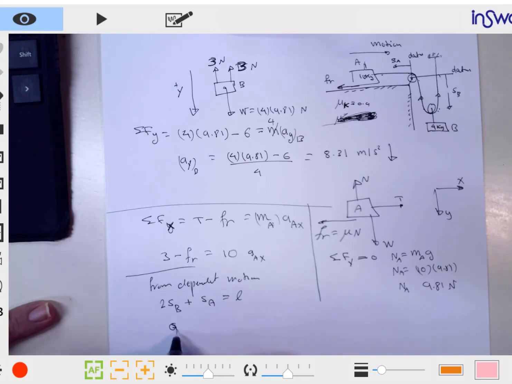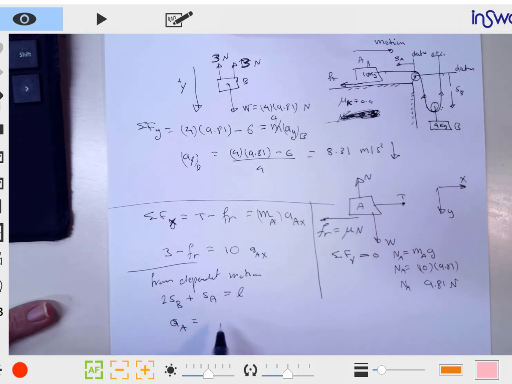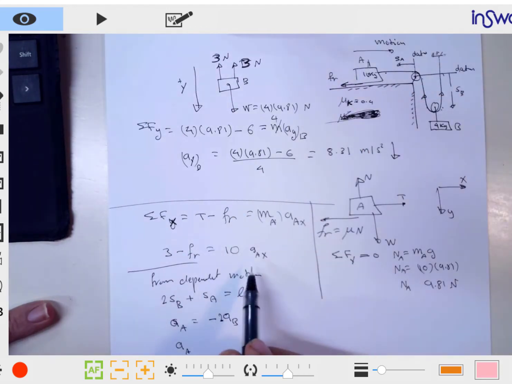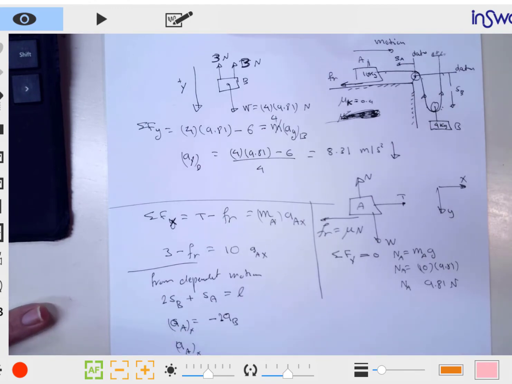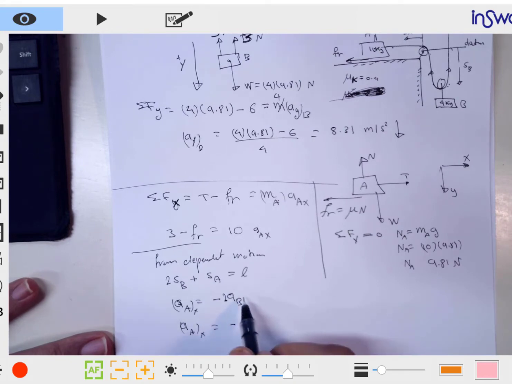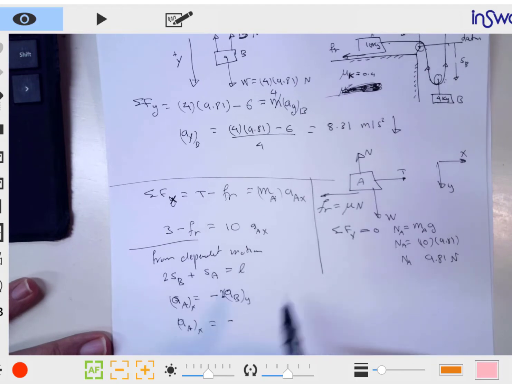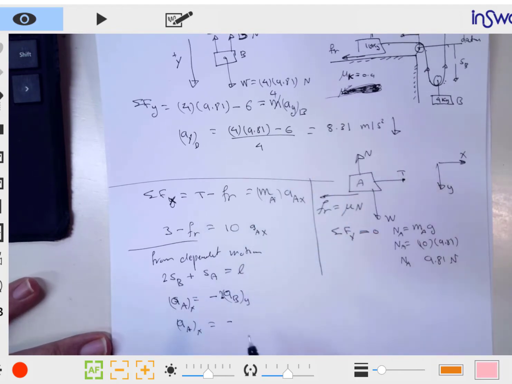Therefore, the acceleration of A, if I take the second derivative, equals negative acceleration of B multiplied by 2. This means that the acceleration of A, which is in the x direction because there's nothing else, equals negative acceleration of B, which is in the y direction and was already calculated as 8.31.